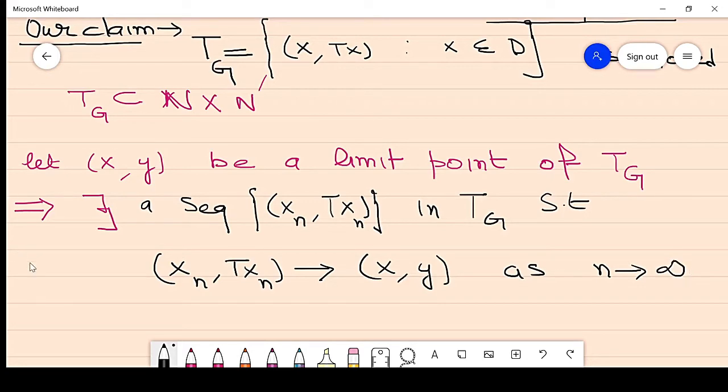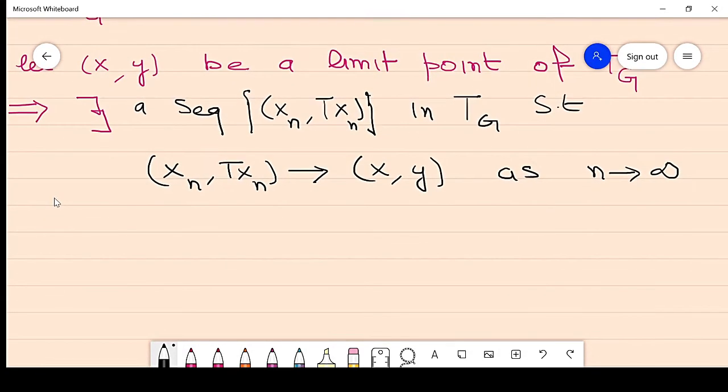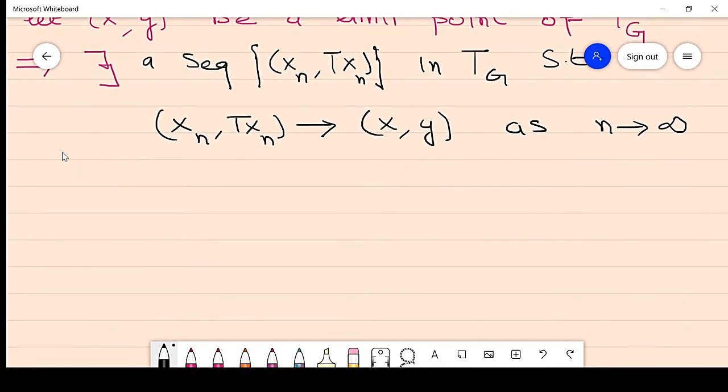So from the first step, if it is a limit point, then there exists a sequence which satisfies this condition.